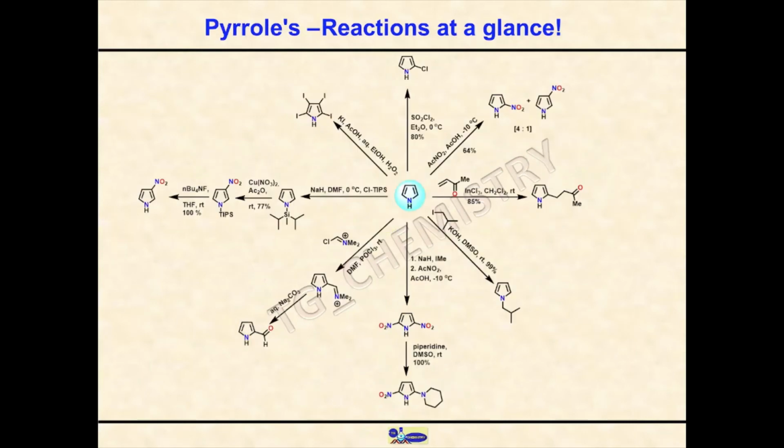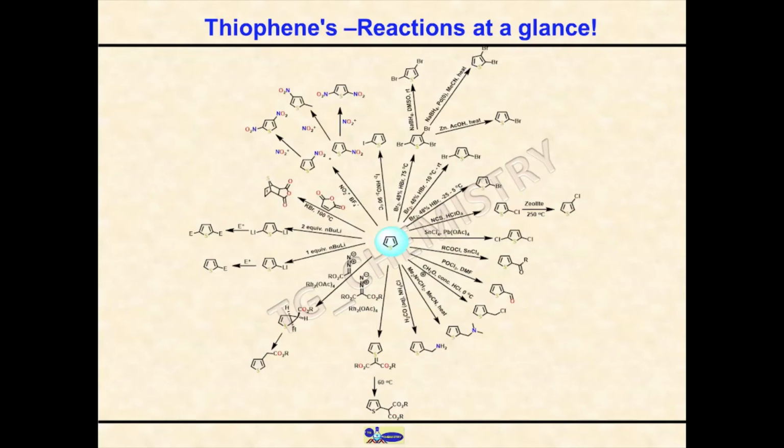And in a similar way, the reactions of pyrroles are summarized over here. As you can see, some of them have already been discussed previously in my lecture today, and there are some other reactions. For example, the tetraiodo pyrrole derivative, how we can access that one, and apart from that, the nitration, the Barton-Zard reaction and the formylation; those other reactions are also there.